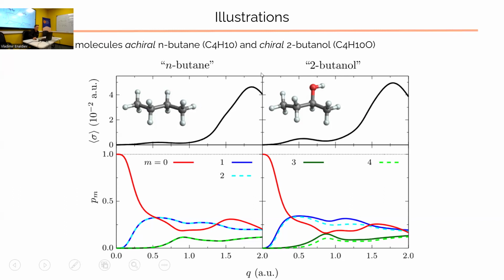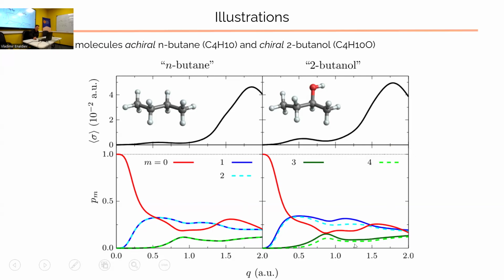Okay, also let us illustrate chiral asymmetries in parallel for two molecules, n-butane and 2-butanol. We have a lot in common, but for 2-butanol there is an additional atom here, which makes this molecule chiral. These molecules have similar size and shape, so the total cross sections have the same form. There is a huge peak here and a small peak here, and these are the fractions of vortex photoelectrons.